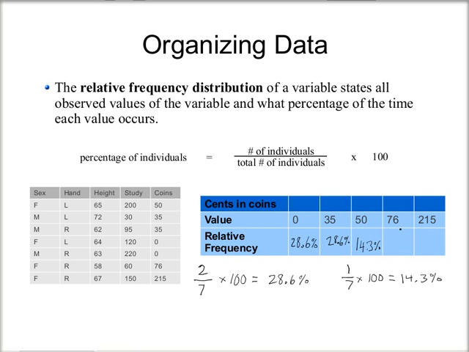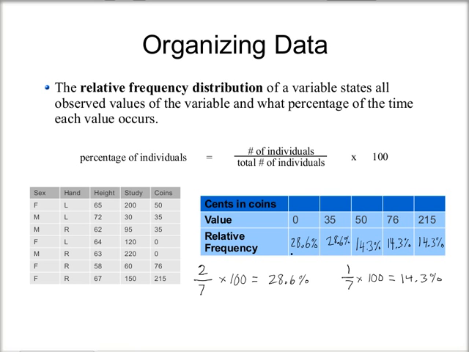I've also got 1 individual with a value of 76, so that is the same calculation, 1 divided by 7 times 100. It's also going to give me 14.3%. For 215, I've also got 1 individual with that value, so it's going to have the same relative frequency of 14.3%. So now I've filled in my chart with the percentages of individuals who have each value.